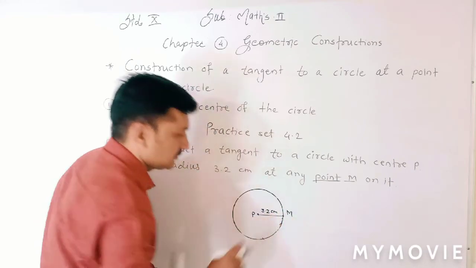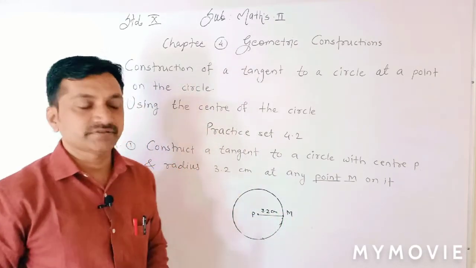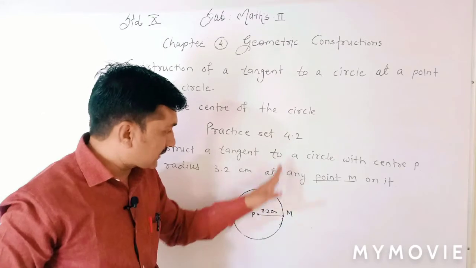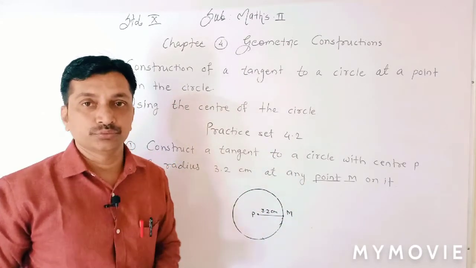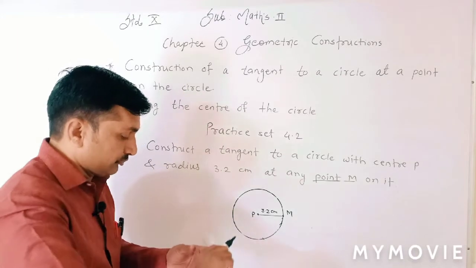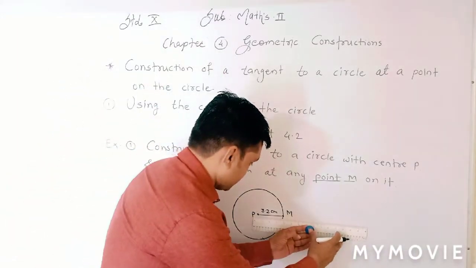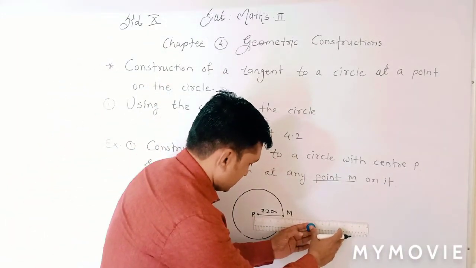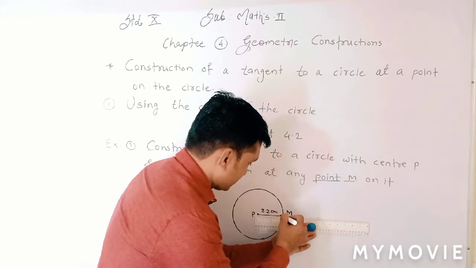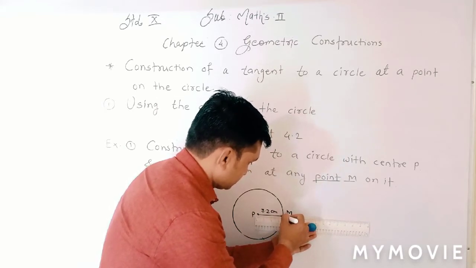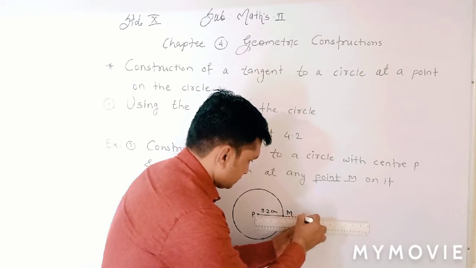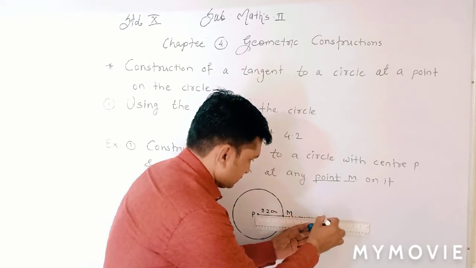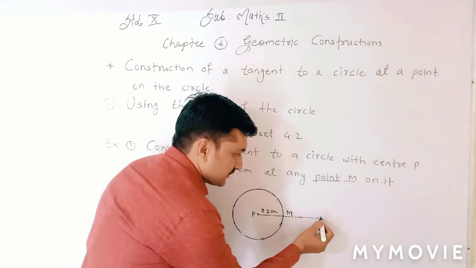Now we have to draw the tangent from this point M. For that we have to extend the radius to the right side. The radius is extended.